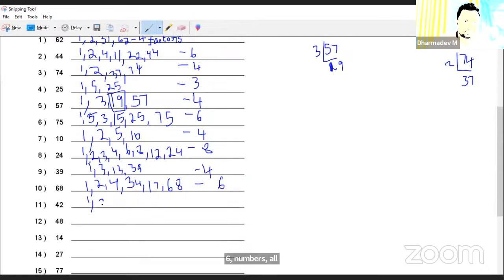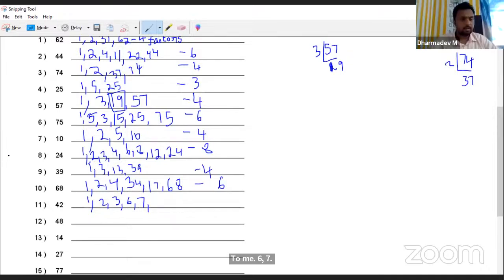And 42: 1, 2, 3, 6, 7, 14, 21, 42. That's 8 factors.